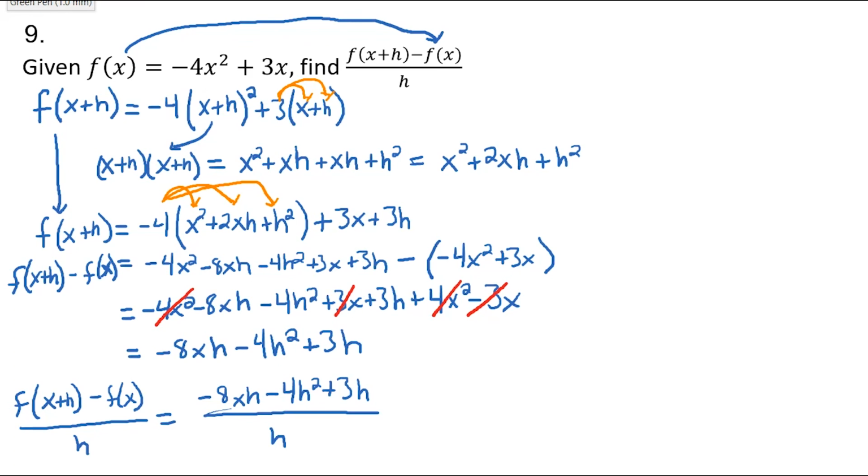I can factor an h out of all these terms, and it just removes one of these. So the result is negative 8x minus 4h plus 3, and there are no like terms that I can combine, and this is as far as I can go. So there it is.